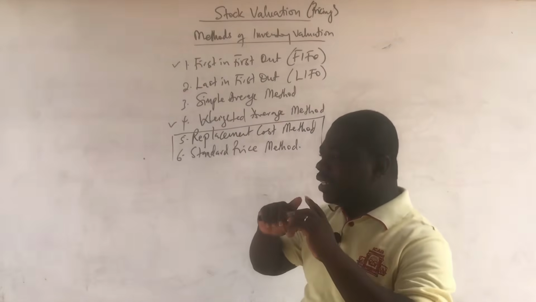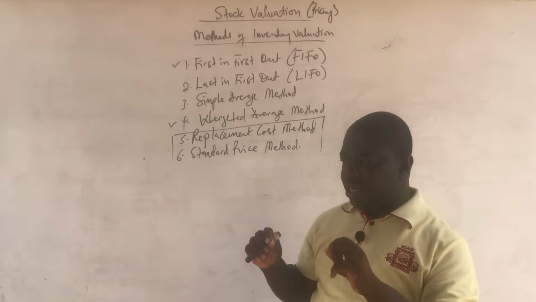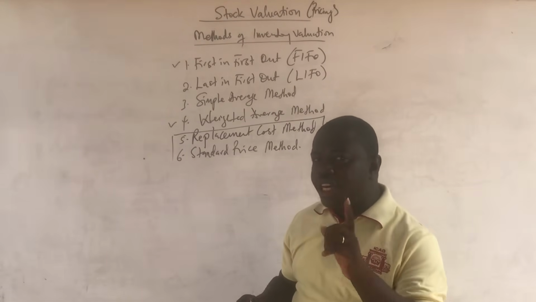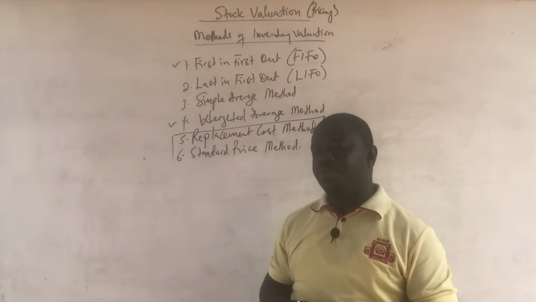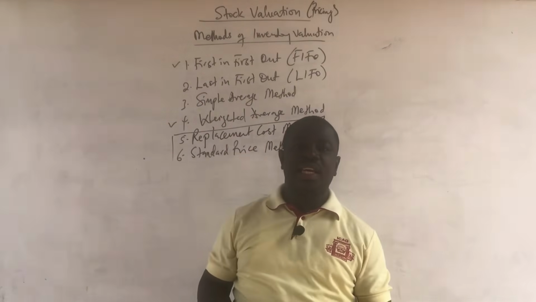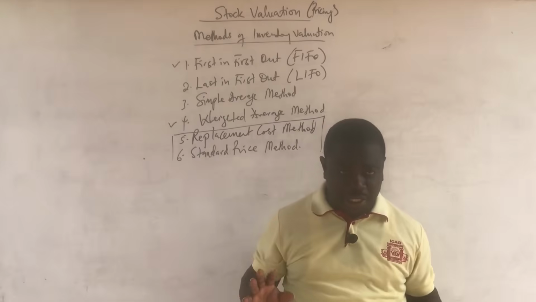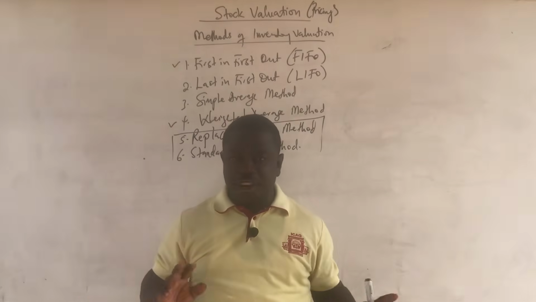Now, the main important factor here is not really about the stocks that are going out, but it's about the pricing of the stock. That is why I say we call it stock pricing. It's about the pricing because these inventories will come in at different times and at different prices.